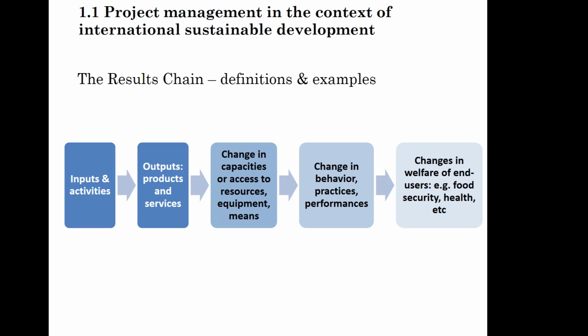The others are more directed to behavioral practices, acceptance of technologies, performances, increasing productivity, increasing water use efficiency, etc. So these are basically the two blocks of outcomes that mostly appear in development projects in the Global South.